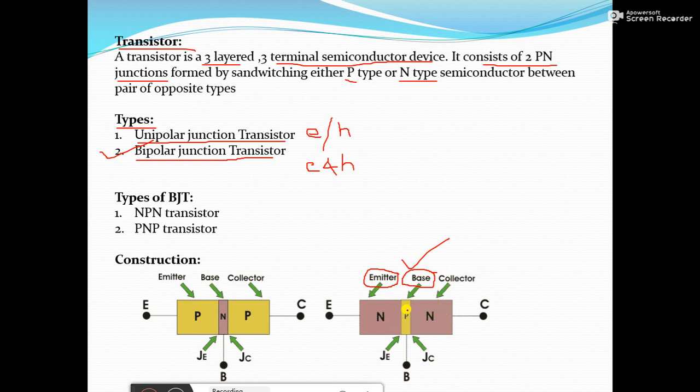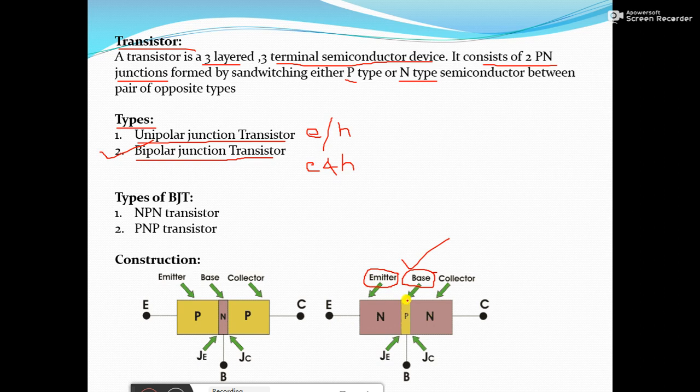So it will collect the charge carriers emitted from the emitter, then the same or a lesser amount of them are transferred to the collector. Actually it won't transfer 100% of the charge carriers. We will see it in the working.